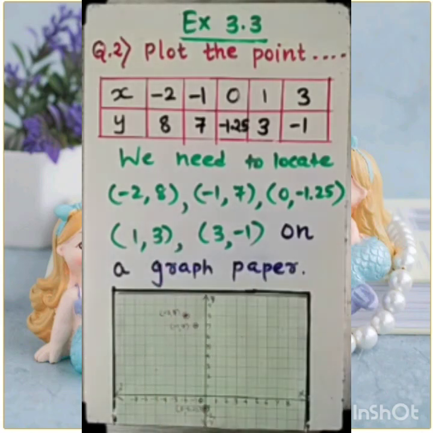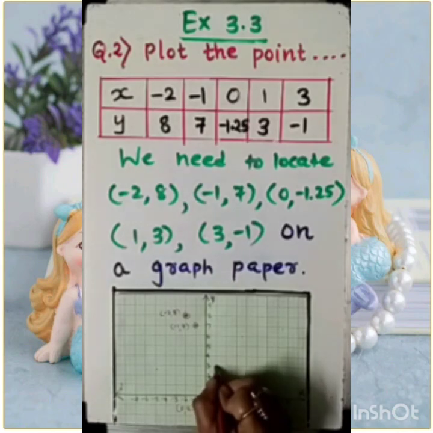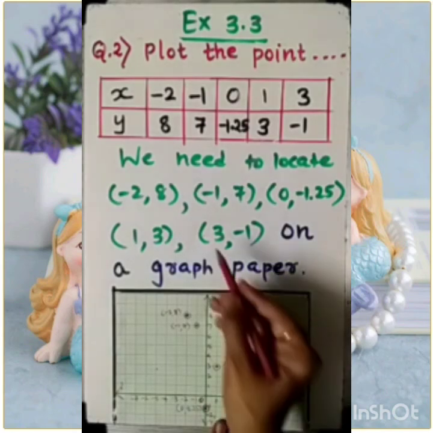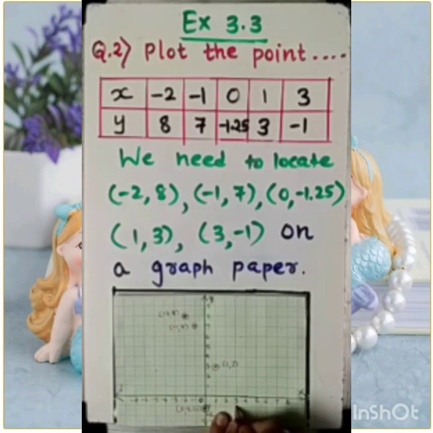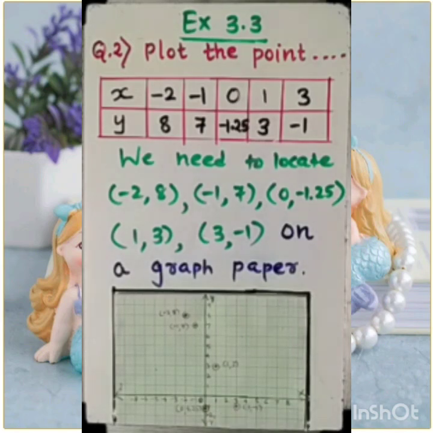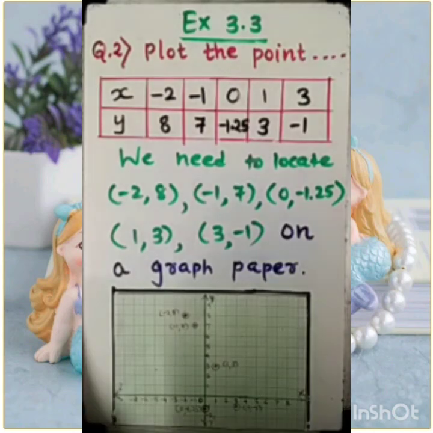Next point is 1, 3: abscissa 1, ordinate 3. It will lie in the first quadrant. 3, -1 will lie in the fourth quadrant. So here you can see all the 5 required points we have located on a graph paper. Let me name them for better understanding.